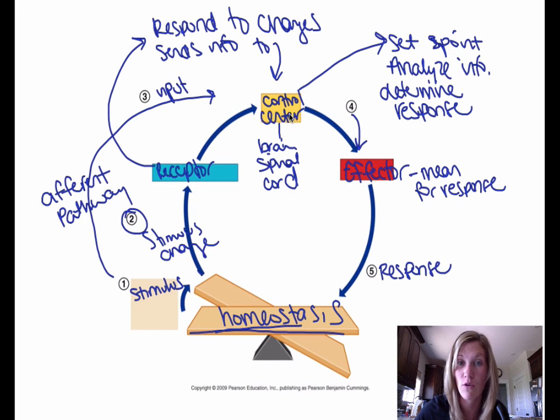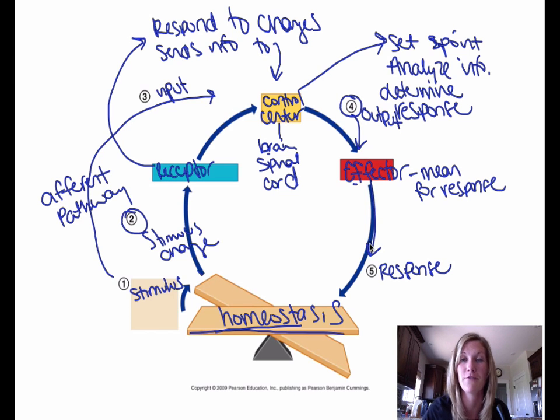From there, the control center is going to determine the appropriate response and send that signal as an output. The output is going to be sent to an effector. Usually it's going to be a muscle or a gland. From there, the effector muscle or gland is going to determine the response.